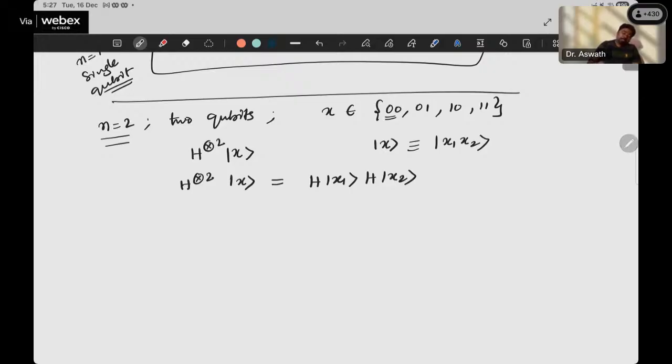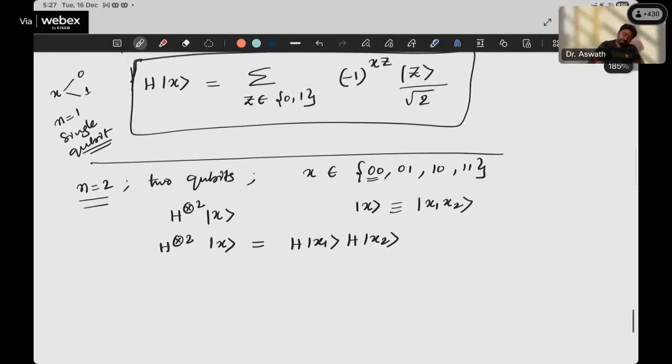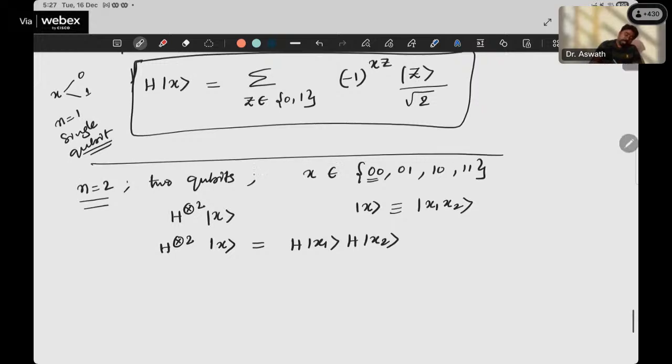Now, let's generalize the above case. What does the above case say? H acting on some single argument is going to give me minus 1 to the power of x into z, z ket divided by square root of 2. So in this case, I will say summation over z1 belongs to 0 comma 1, minus 1 to the power of x1 z1, z1 ket divided by square root of 2. This is one.